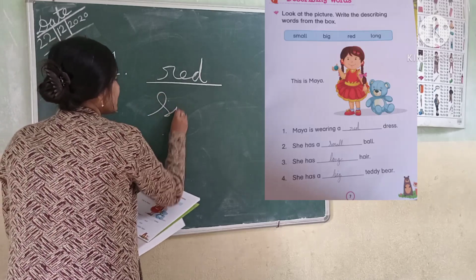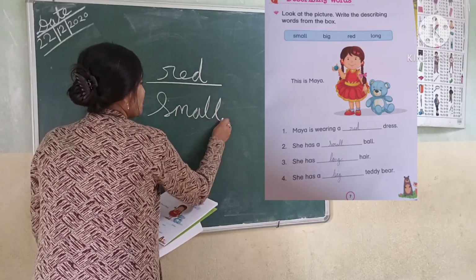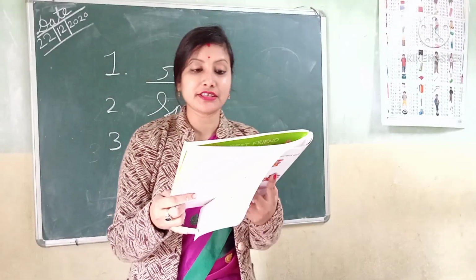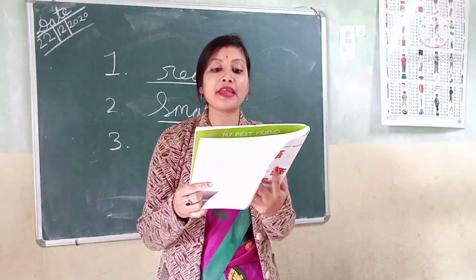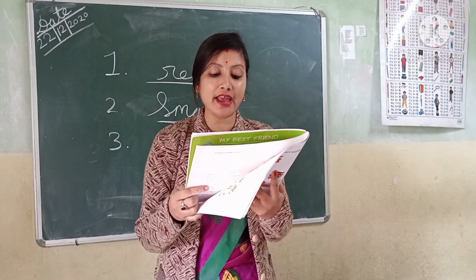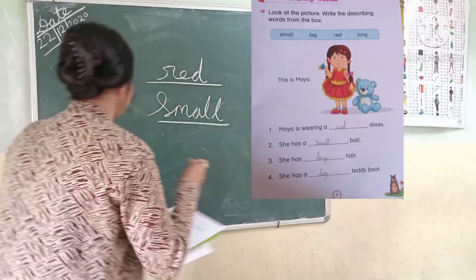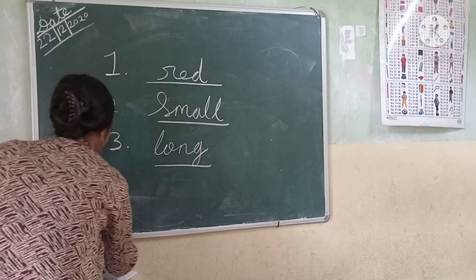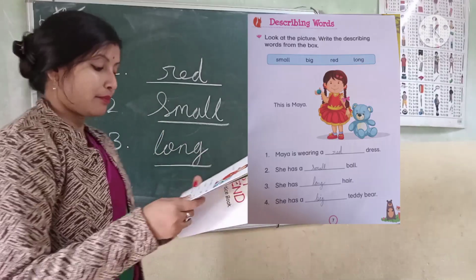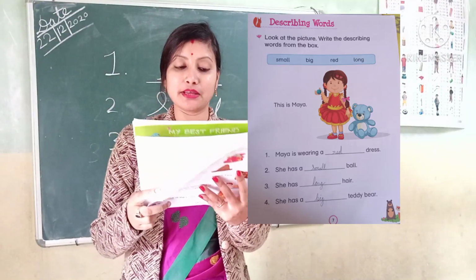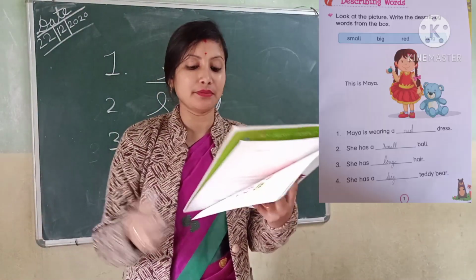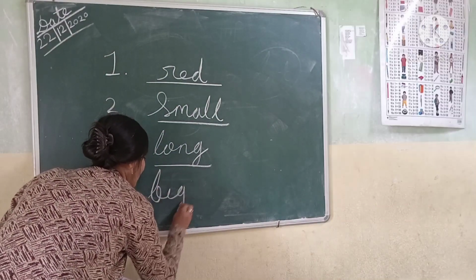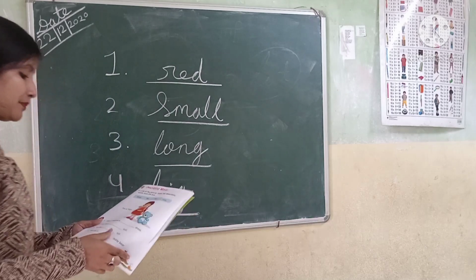Number 3, she has dash hair. Small, big, red, long. What? She has long hair. Number 4, she has a dash teddy bear. She has a big teddy bear.